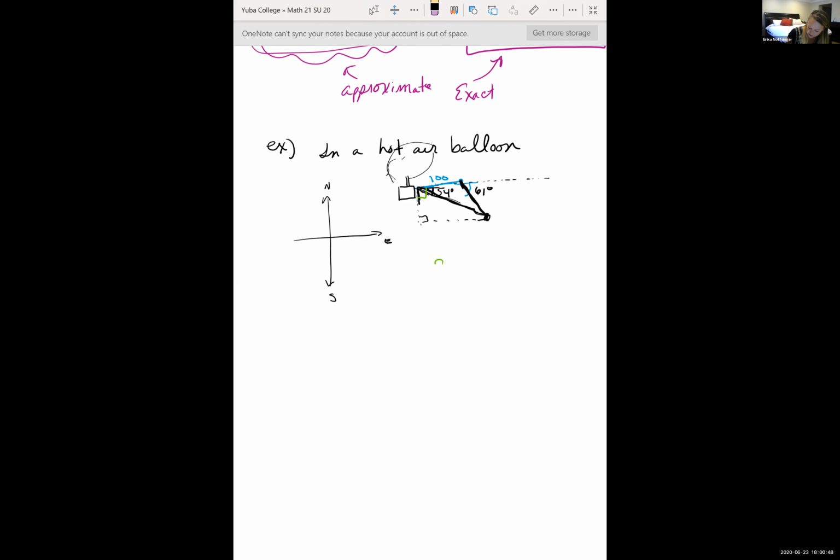So a 90-degree angle minus our 54-degree angle gives me 36 degrees. Not drawn to scale. So the angle of depression here was 61 degrees. We know this is 36.